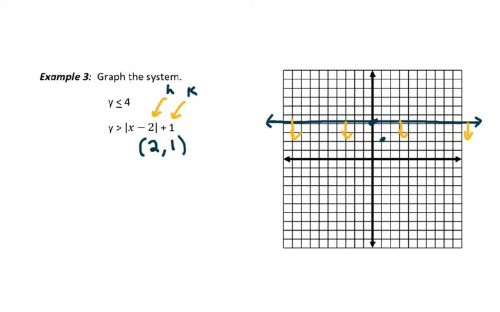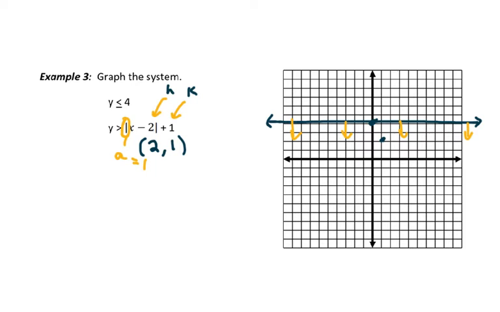Now, also remembering that the number that's located out in front here is my A value. And my A value gives me the slope of my V-shaped graph. Now, I look outside of that absolute value and I don't see anything. Keep in mind that that means when I don't see anything that A actually is 1. So from this dot that I made for the vertex point, A is positive, so it's going to open up.